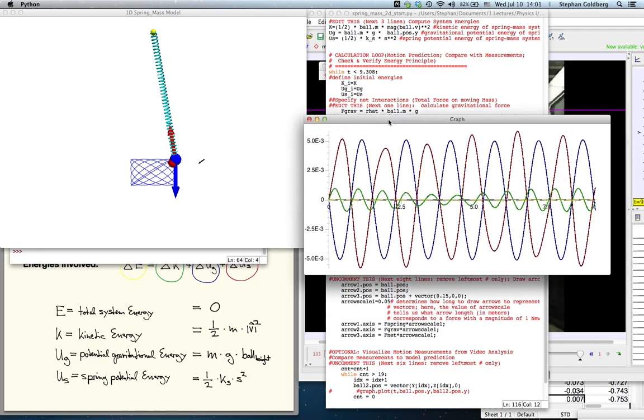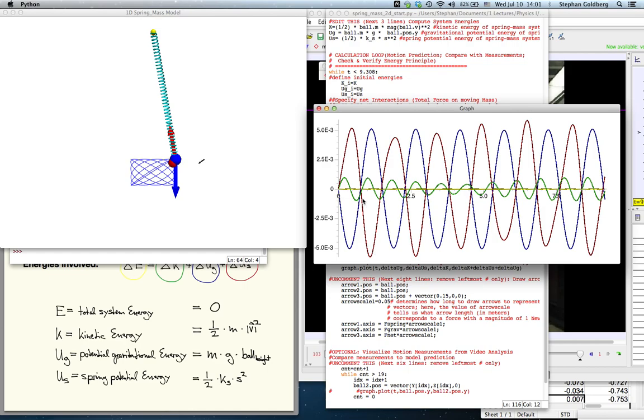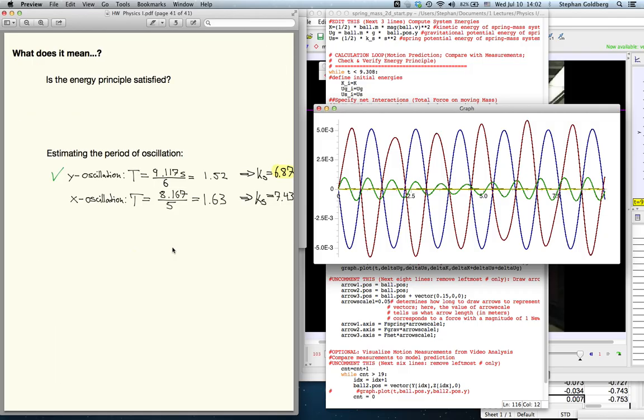And here we have a graph of the energies involved: the spring potential energy in red, the gravitational potential energy in blue, and the kinetic energy of the mass moving in green. If we add these three energies together, we get the total system energy, the yellow line here, which is 0. And that satisfies the energy principle.